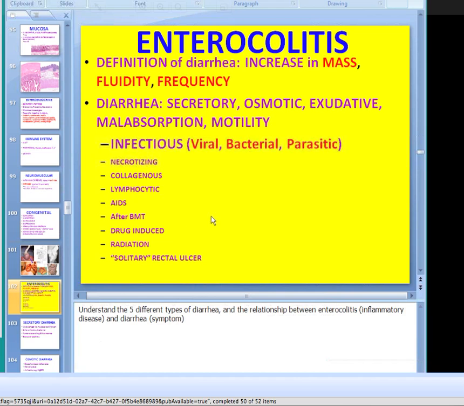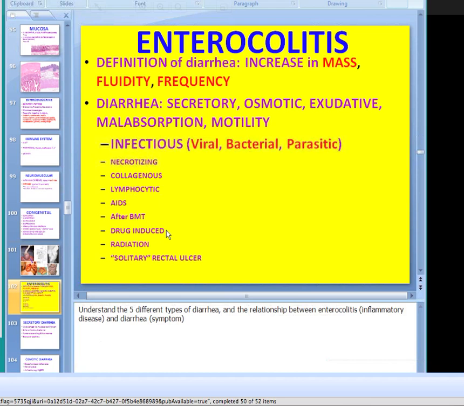And of course, we have to get into the infectious enterocolitis because, as we know, numerous pathogens are responsible. We're going to touch briefly on the common ones, and then I'll mention some of the more obscure, but things you should probably be aware of, like collagenous colitis, lymphocytic colitis, colitis in AIDS patients, the fact that you can get colitis after a bone marrow transplant, and, just like we talked about with the stomach, drug-induced colitis.